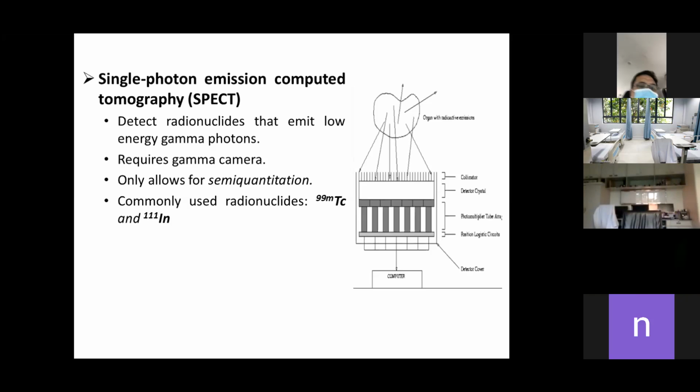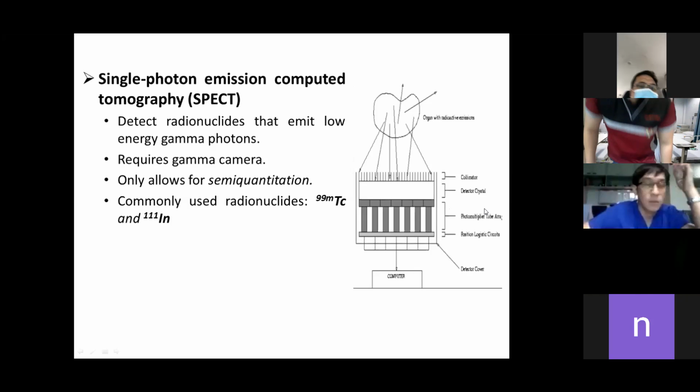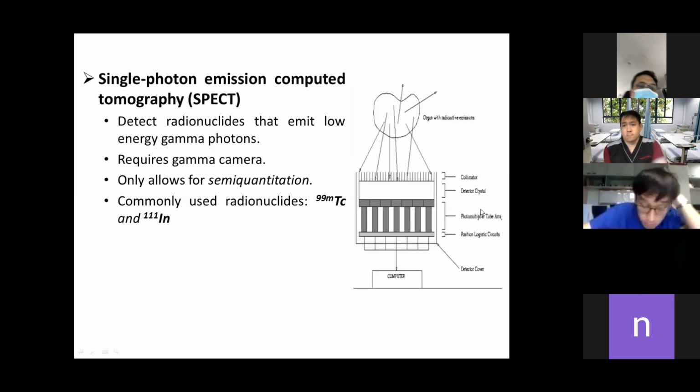It requires a gamma camera, and the gamma camera is composed of a scintillation crystal, which is usually made of sodium iodide, which absorbs gamma photons and emits light; photomultiplier tubes which collect and amplify the light emitted by the scintillation crystal; and a circuitry which integrates the output from the photomultiplier tube into information that can be reconstructed as an image.